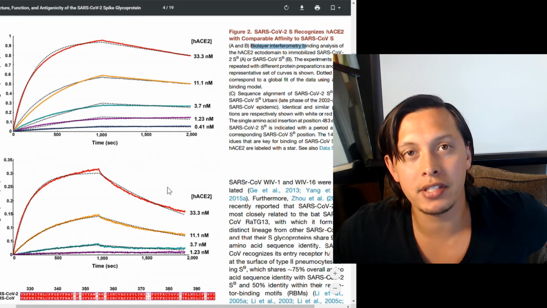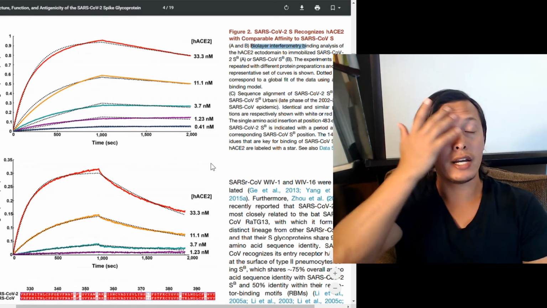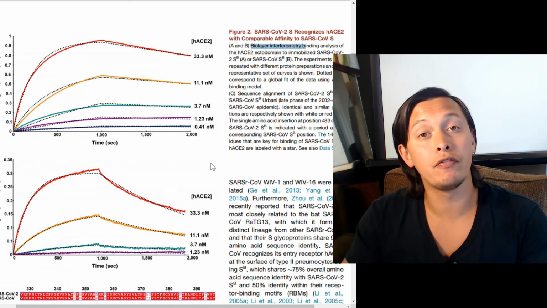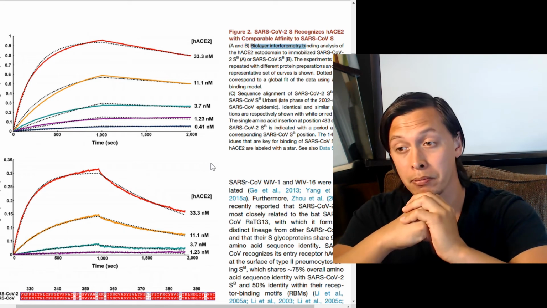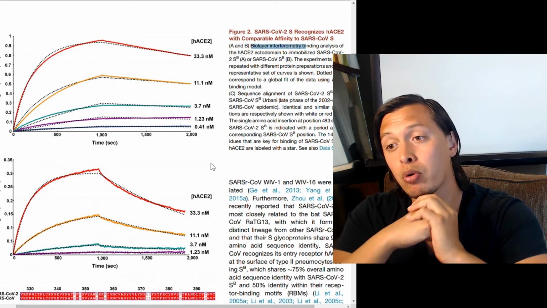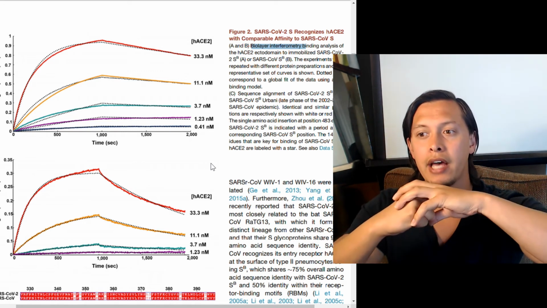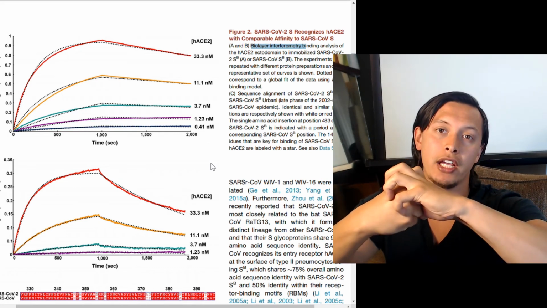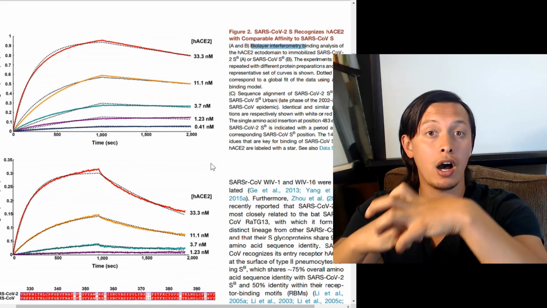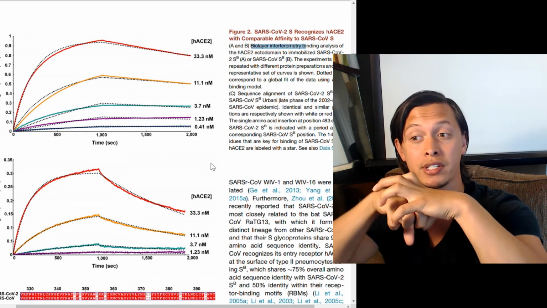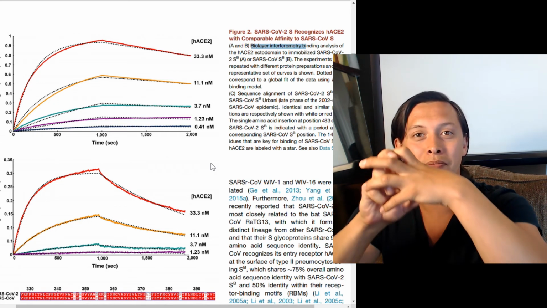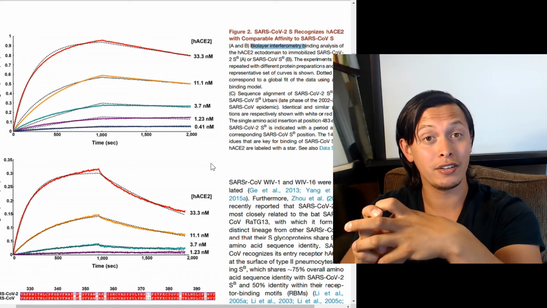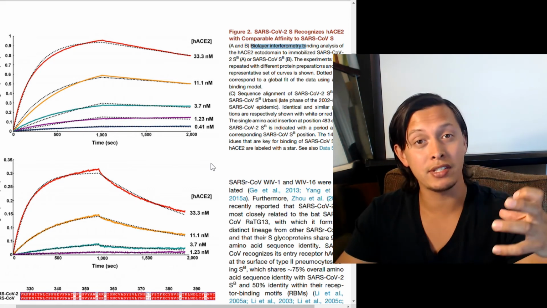What this tells me is that after the binding domain of the new coronavirus interacts with the ACE2 receptor, there is probably some change in the shape of the spike protein or the receptor. Something changes, something moves around, and then it makes it even harder for it to release after the fact.